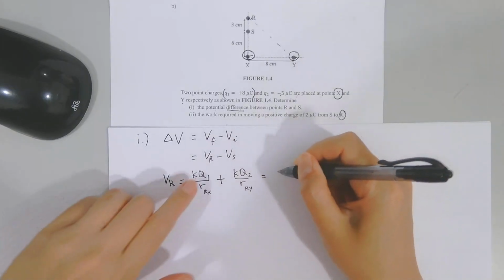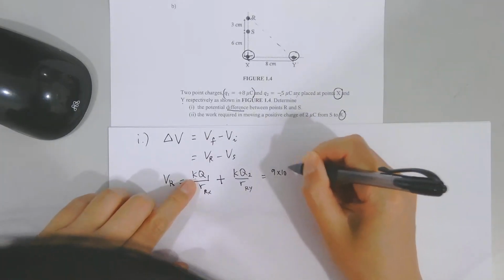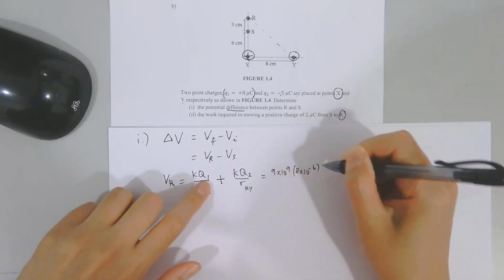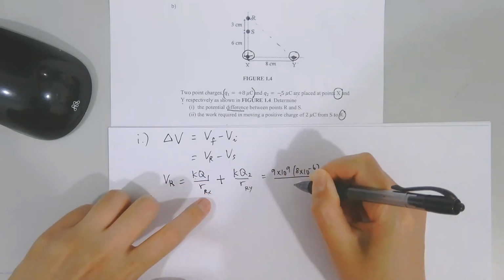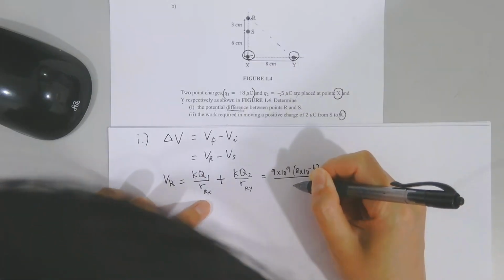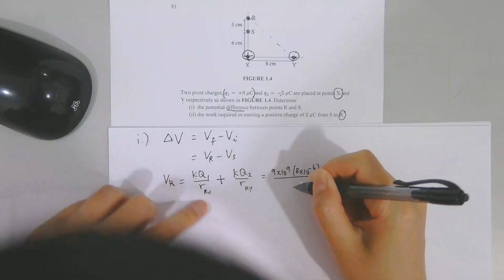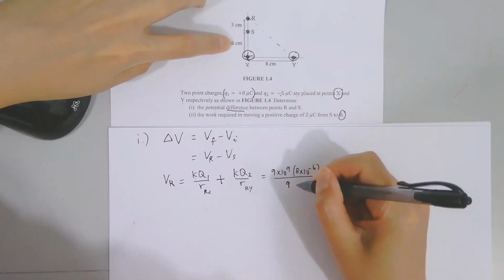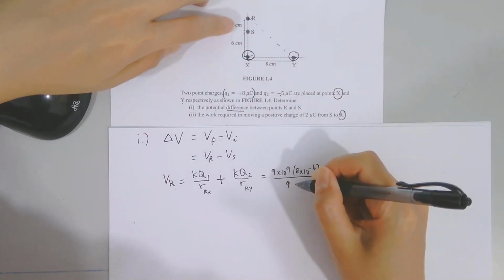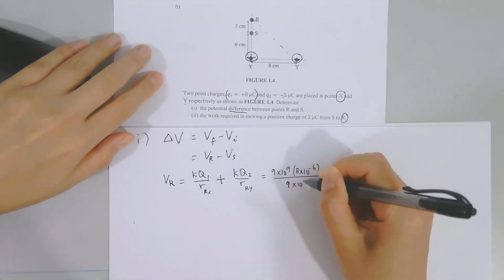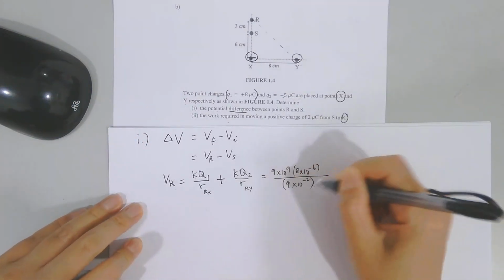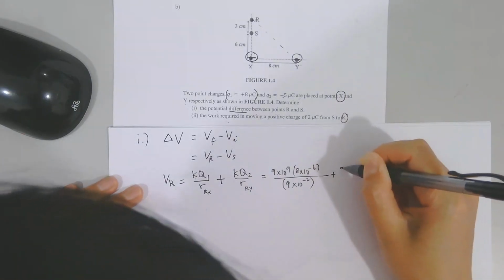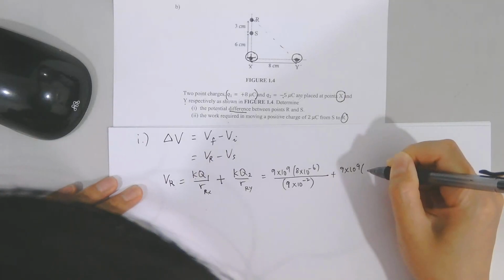So let's substitute. K 9 exponent 9, Q1 8 exponent negative 6 divided by R, which is the distance between R and X, is actually 9 cm here. But centi stands for power negative 2, right? And plus 9 exponent 9 Q2.